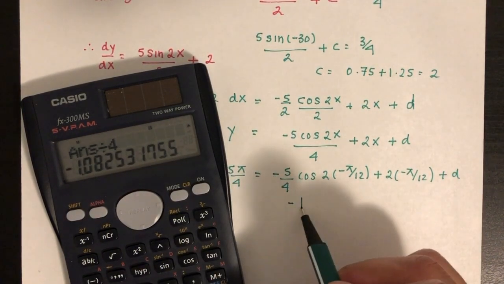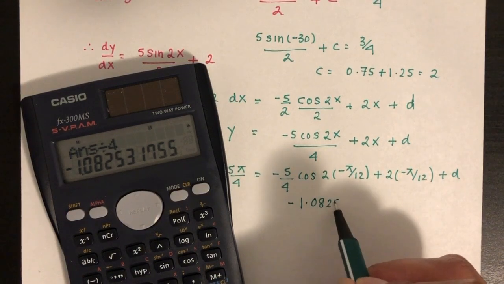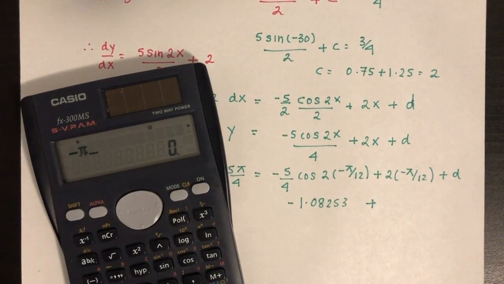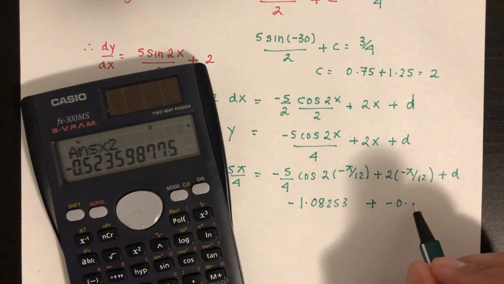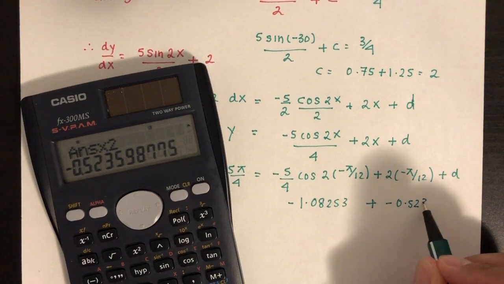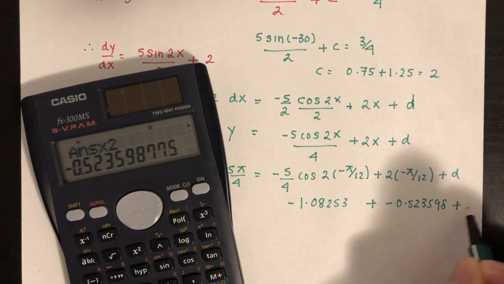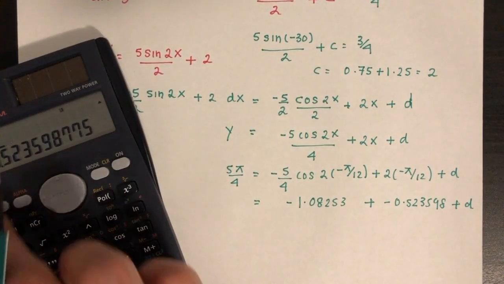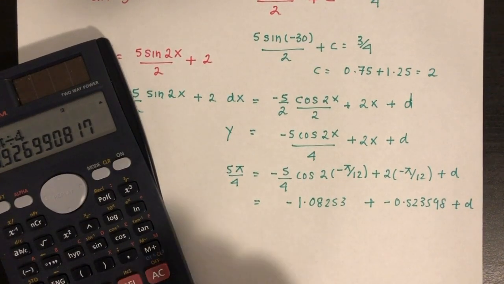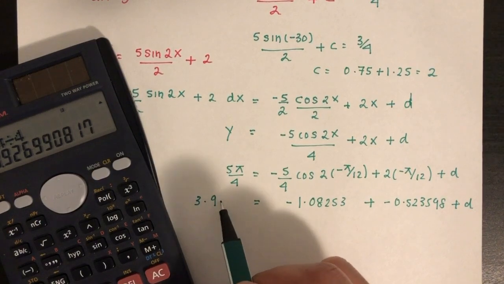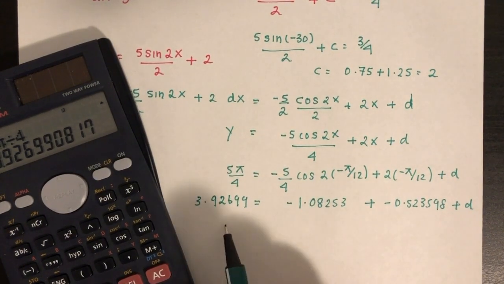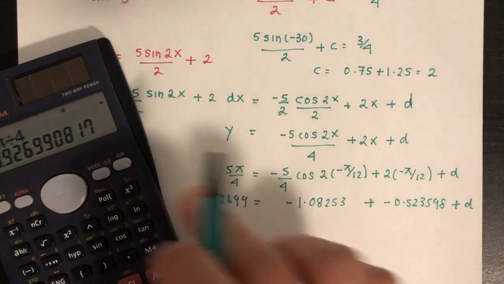This one is minus 1.08253. Plus this one is minus pi divided by 12 times 2. That will be minus 0.523598, plus d. And this one is equal to 5 pi divided by 4. That will be 3.92699.